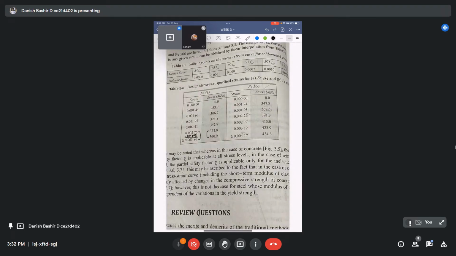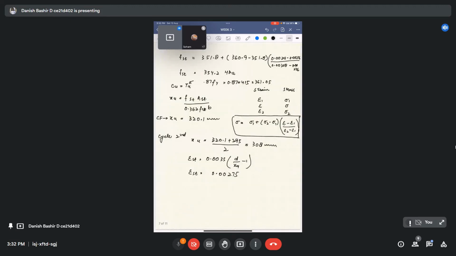Look for this strain value in the table. 0.00275 is sitting here, so the corresponding stress will be sitting here. Doing the interpolation formula the same way, we get the value of FST as 351.5 megapascal. Look, it's coming down from what we assumed initially, 361.05 megapascal. So this cycle second assumption of the neutral axis depth reduced the stress in the steel to 351.5 megapascal.